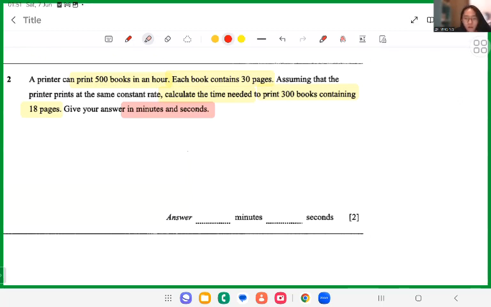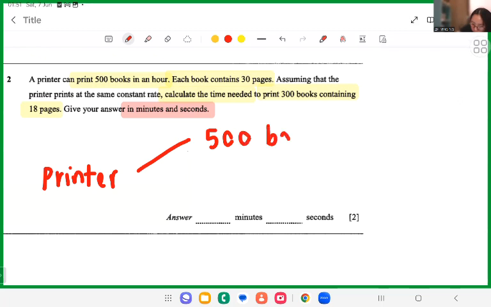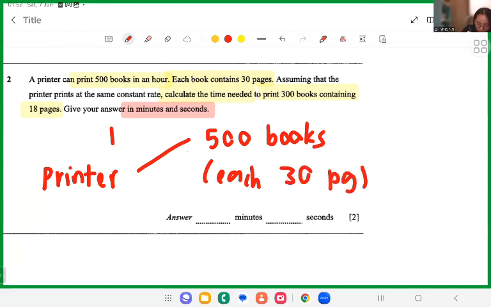For this question, first we need to understand what the question needs. From the question, we know that a printer can print 500 books that each contain 30 pages in 1 hour.